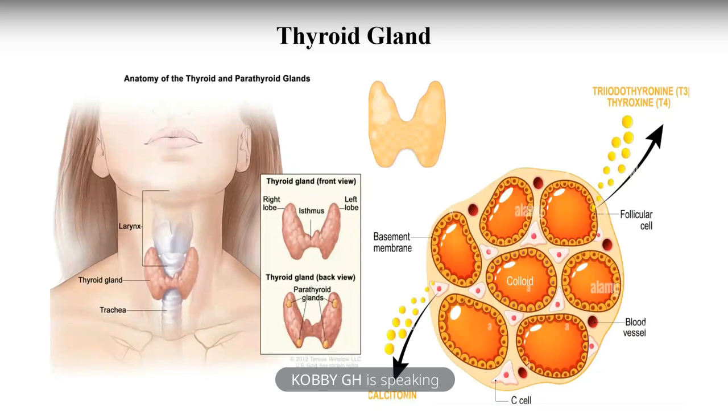If T3 and T4 are high, your body temperature will be very high.